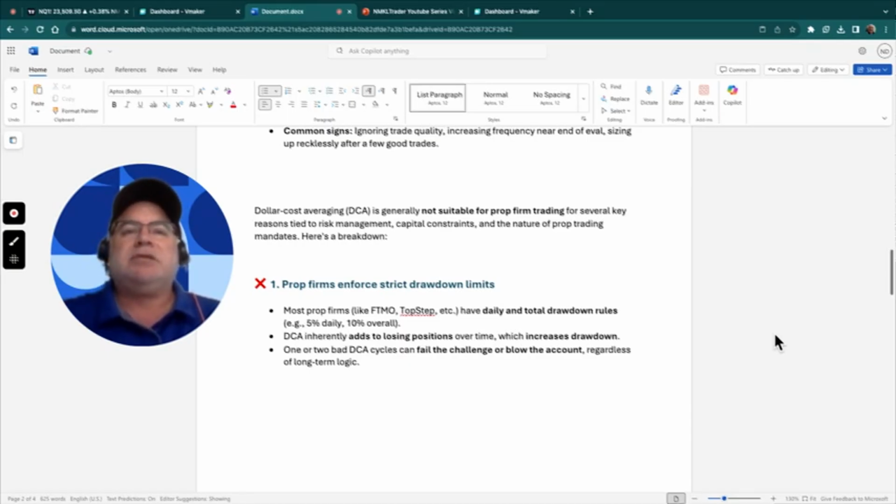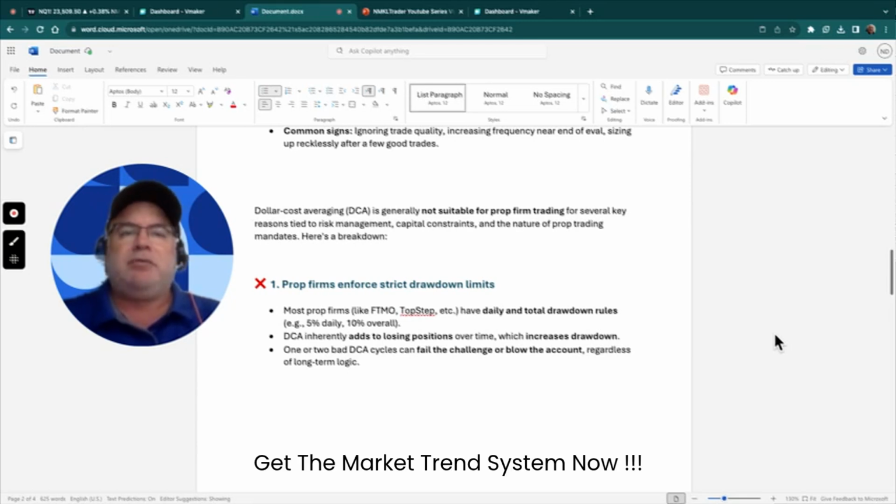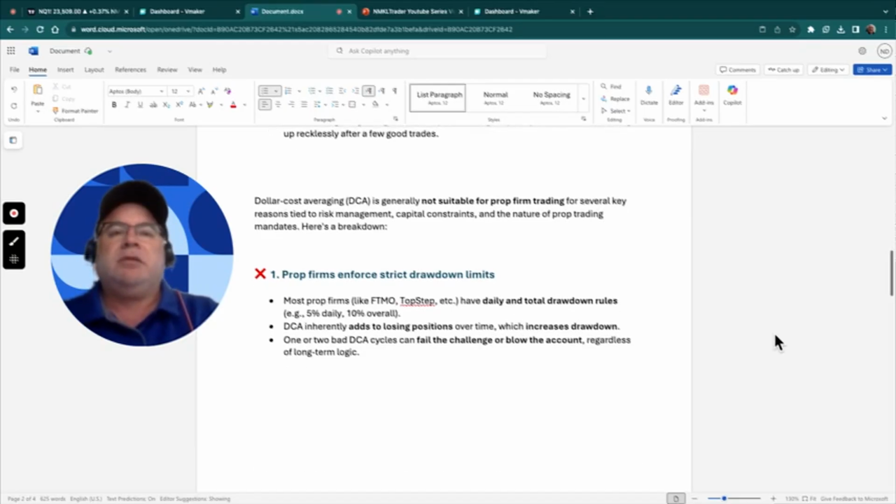DCA, dollar cost averaging, inherently adds to losing trades or losing positions over time, which increases your drawdown and gets you close to hitting that limit. One or two bad DCA cycles can fail the challenge and blow the account. It's that simple, regardless of long-term logic.